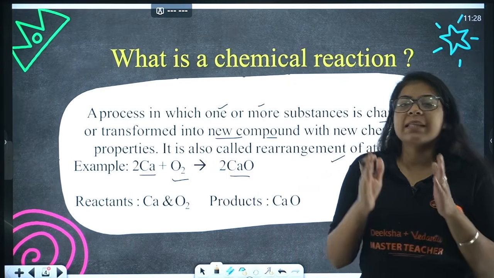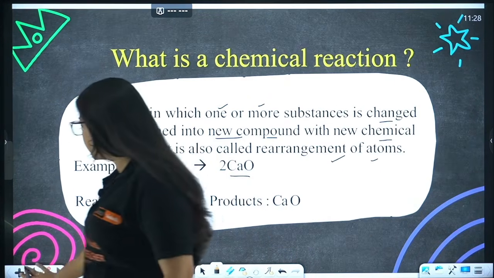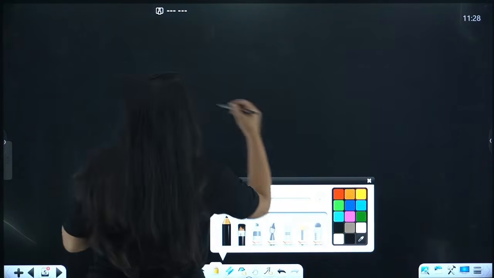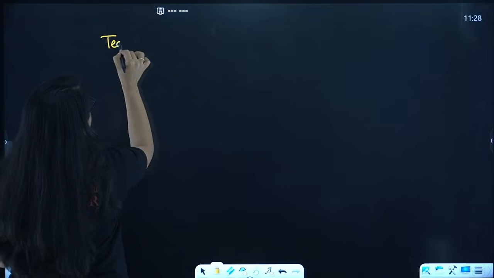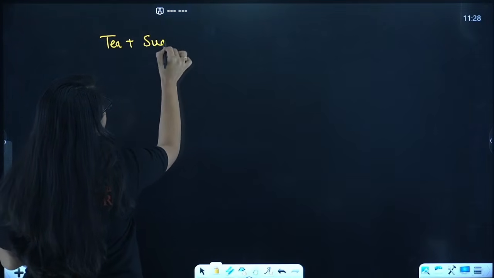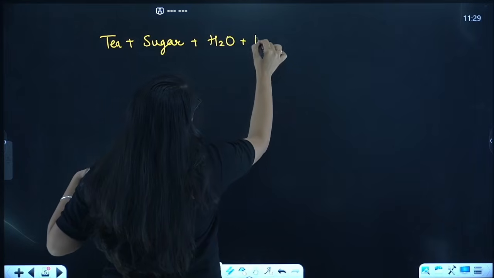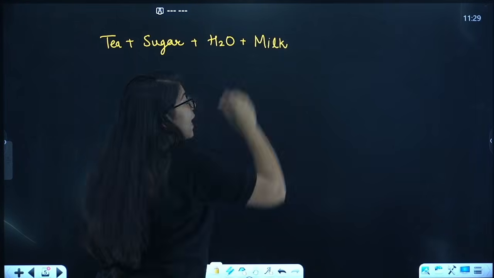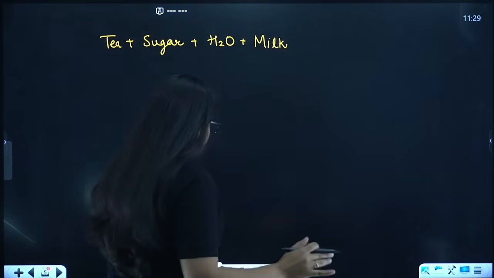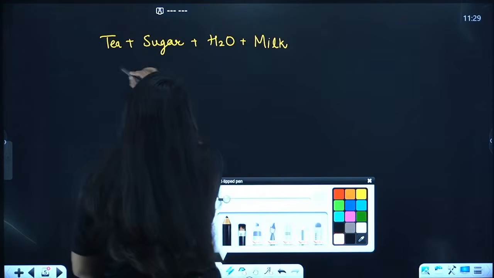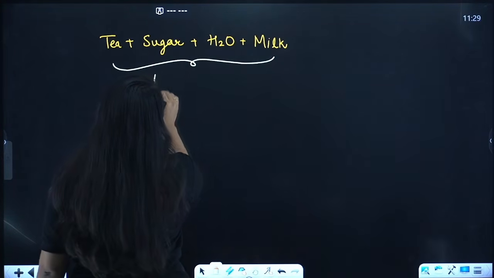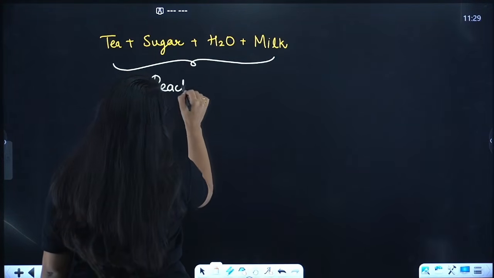Now beta, in this whole reaction, when we talked about chai, sugar, leaves, what is happening? We got tea leaves plus sugar, right, plus water plus our milk, right? So all these components that mix together in the first place, these are called reactants. We all know this by this time, I hope.